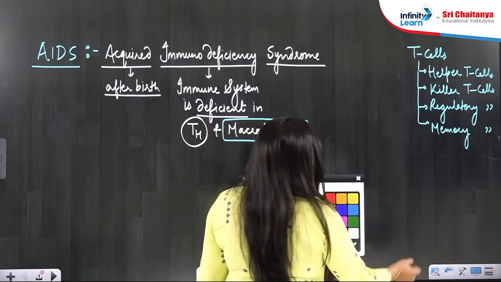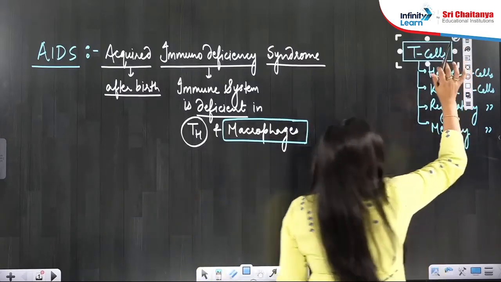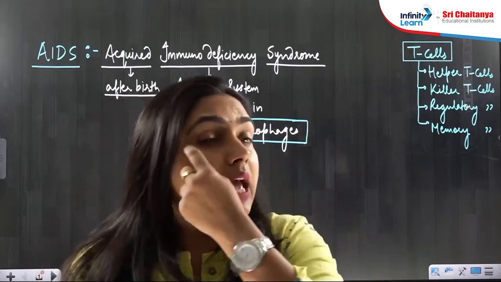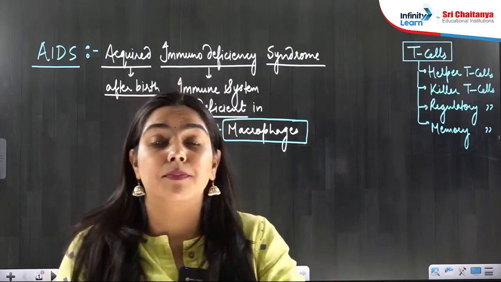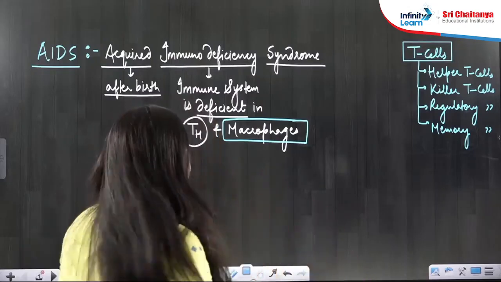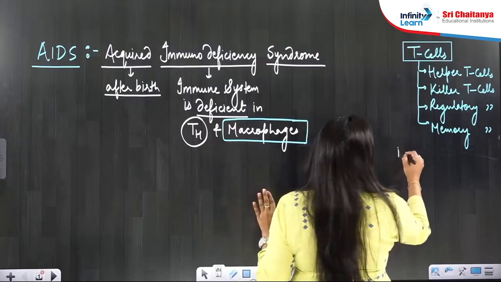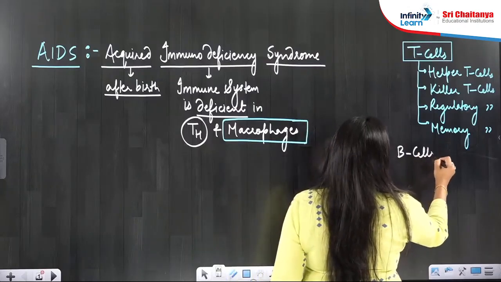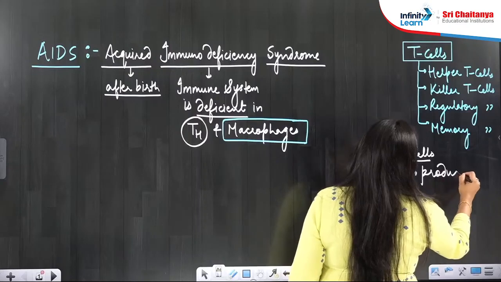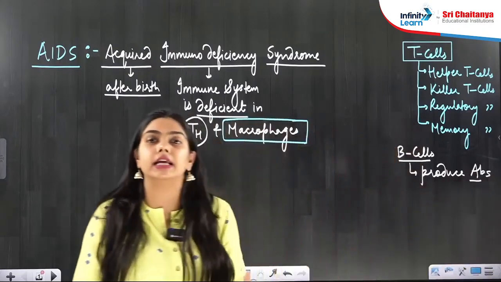Okay. We have four types of T cells, beta. But the helper T cells are very, very important cells. Helper T cells will help the B cells also for the production of antibodies. I have told you that B cells will produce antibodies. Yes or no? B lymphocytes, they produce what? They produce antibodies. ABs means antibodies.